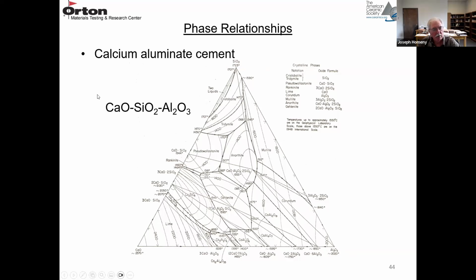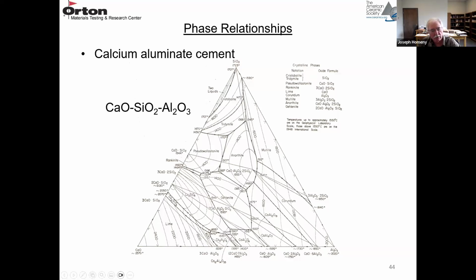But when you have lime present, you start getting into this region here in the middle of this phase diagram. You have anorthite forming, which is CaO·Al2O3·2SiO2, and gehlenite, which is 2CaO·Al2O3·SiO2. This one melts at 1550 degrees, 1553 degrees C. This is 1593 degrees C.